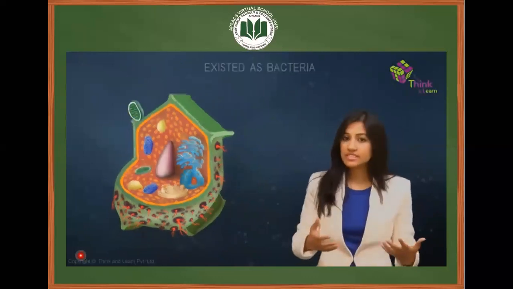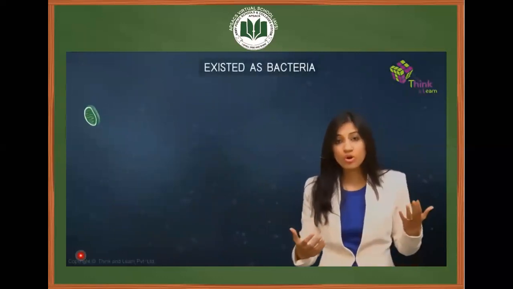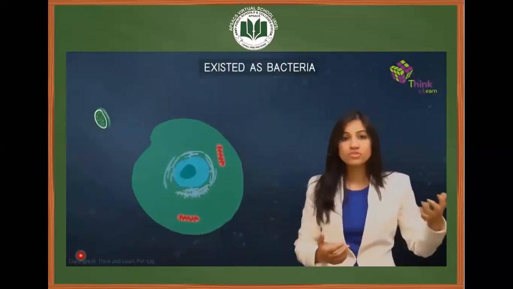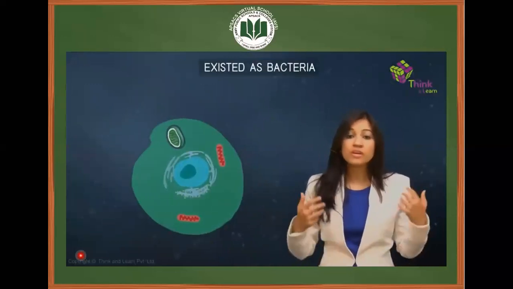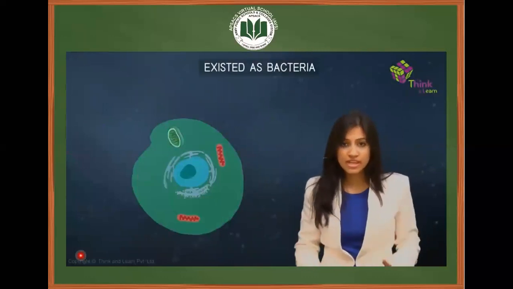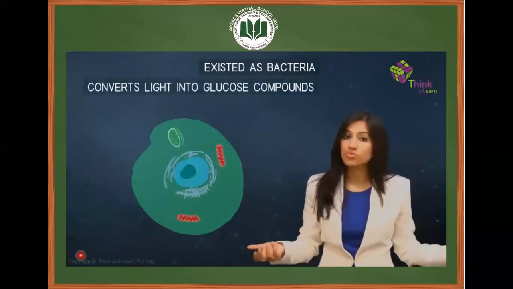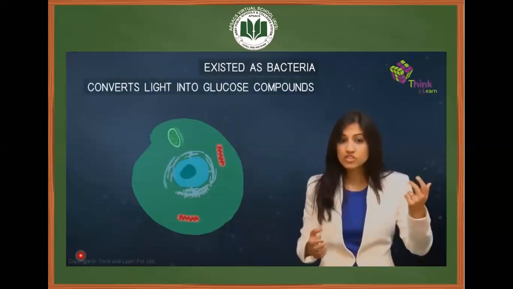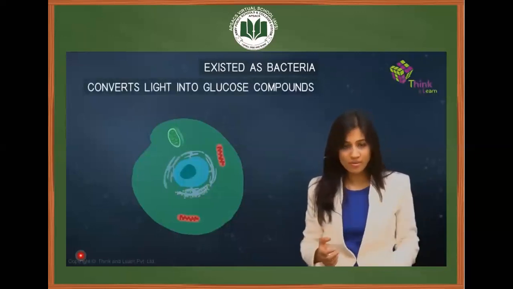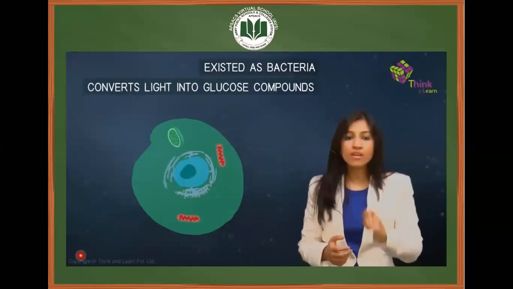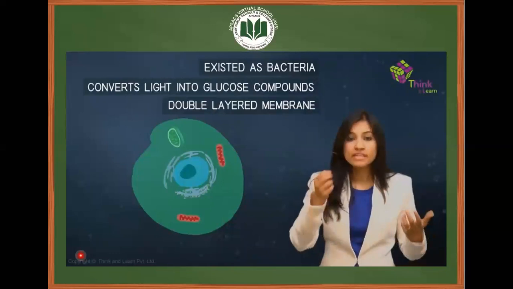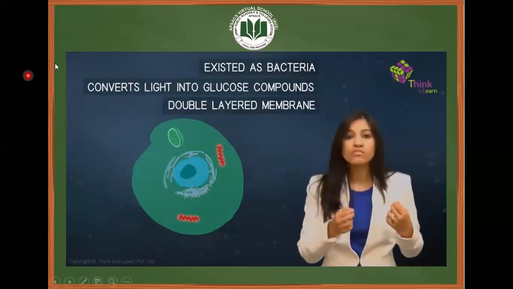The plastid existed as a type of bacteria a really long time ago. One day a plant cell came along, absorbed one of these, realized that it would be an awesome bacteria to keep inside it. It converts light into glucose compounds. No one knows how this happened, but scientists know for sure that it happened because both mitochondria and plastids have double-layered membranes, one from its own and one from the cell which engulfed it.